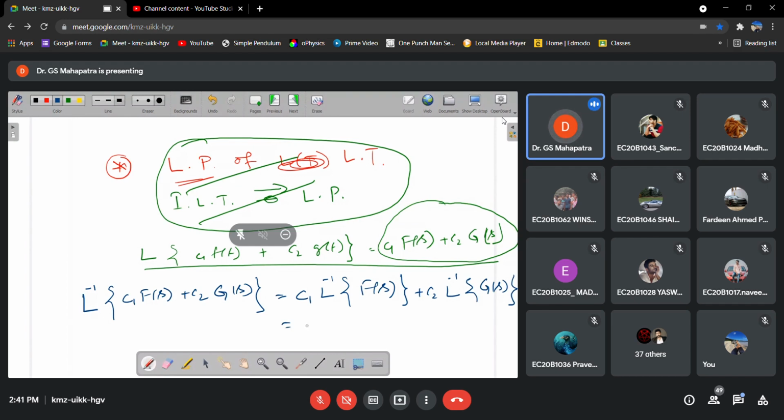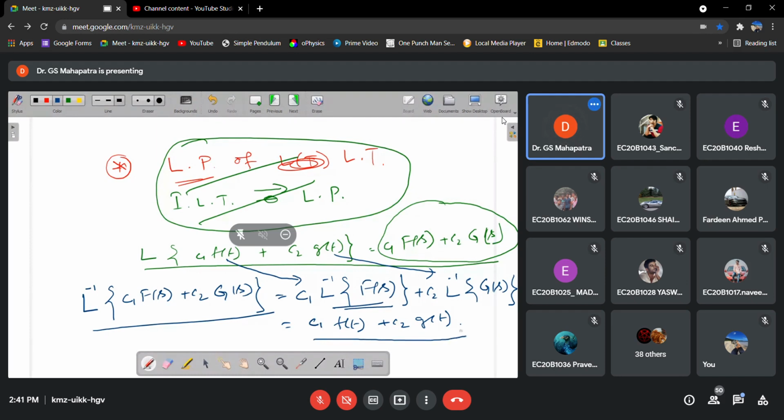We will consider some problems today itself, so there you have to consider this. From the definition or notation of the Laplace transform and inverse Laplace transform, you can write c1 f(t) plus c2 g(t). So the inverse Laplace transform also gives the same result.